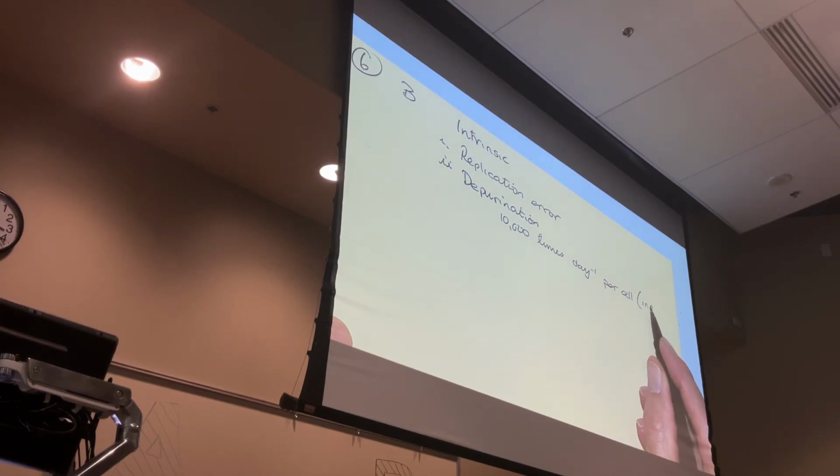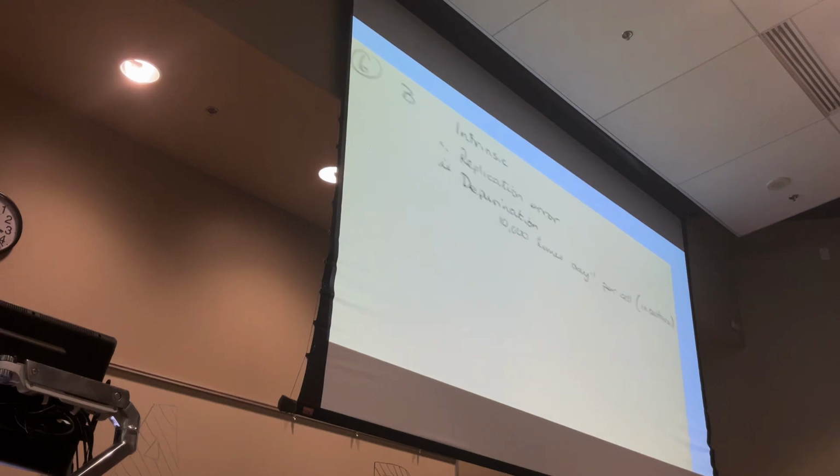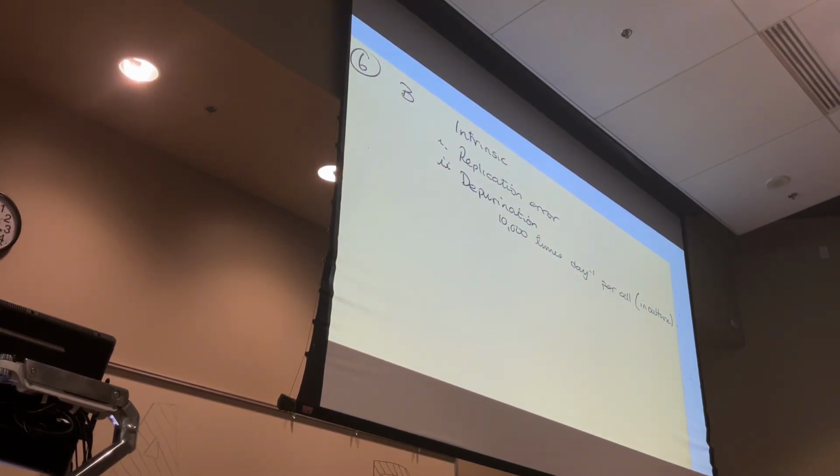Though this was done in cell culture, I don't think it's a measure that would be easy to get at from living tissue.